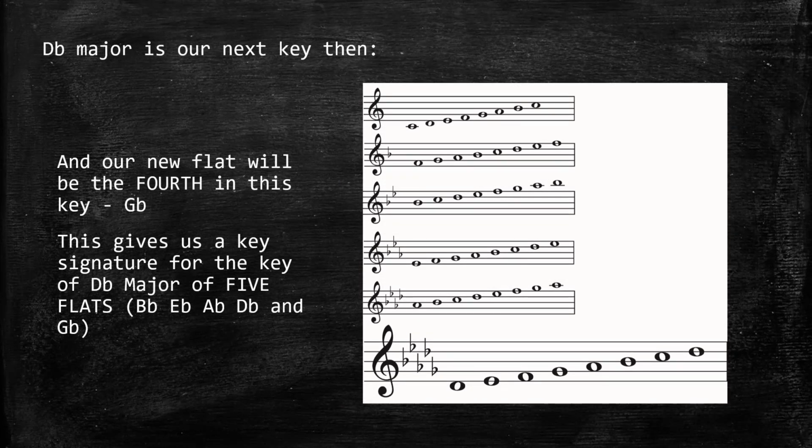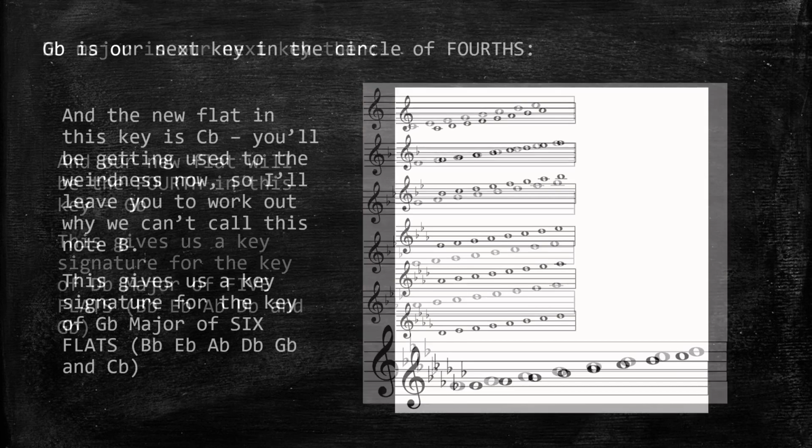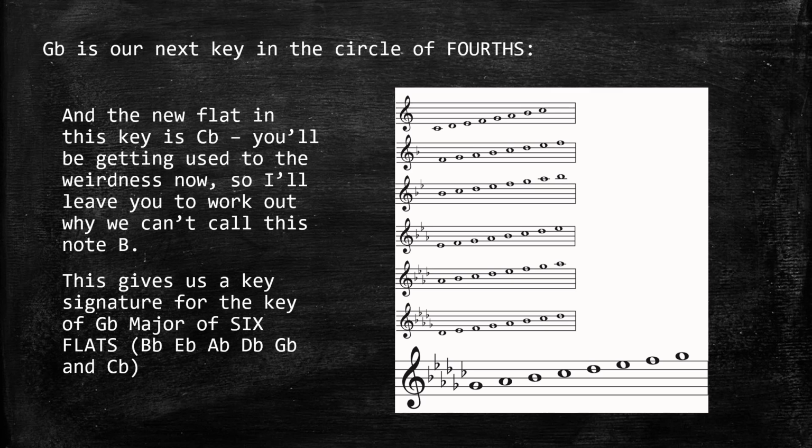D flat major is our next key then, and our new flat will be the fourth in this key, G flat. This gives us a key signature for the key of D flat major of 5 flats, B flat, E flat, A flat, D flat and G flat. G flat is our next key in the circle of fourths, and the new flat in this key is C flat.